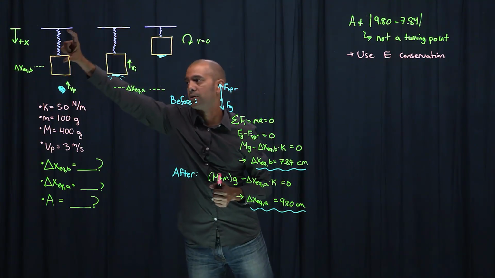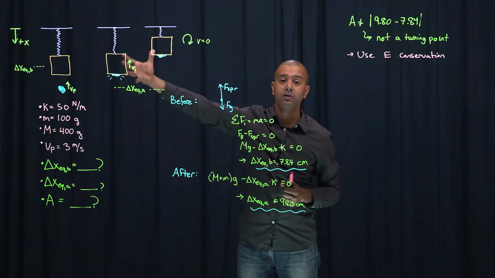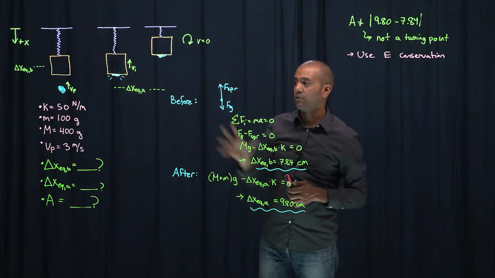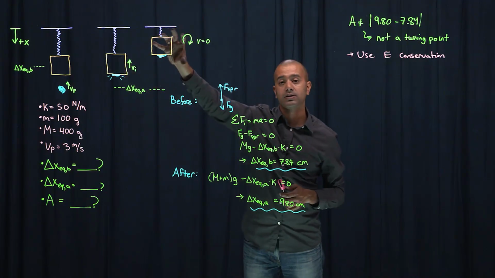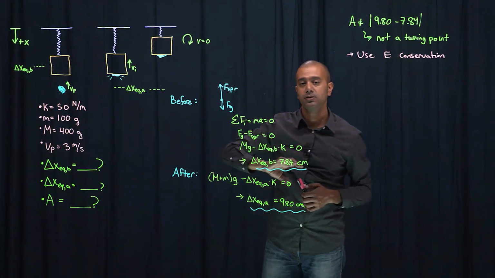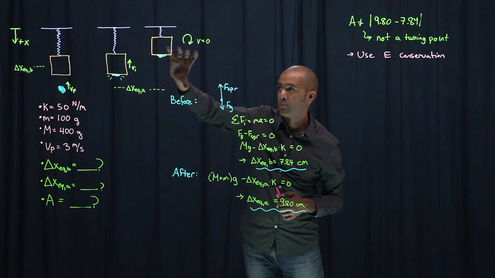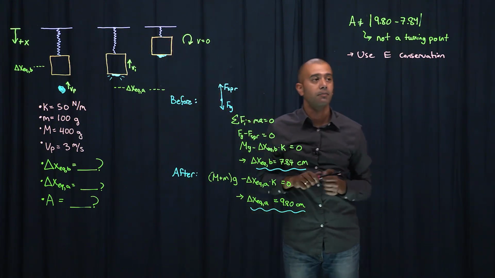It started out at that much, so that's how much it's extended at that time. And we also know the gravitational potential energy because we know where the block is. So we can find the full energy at this time, and the total energy at another time will be the exact same, but divided differently between its kinetic and potential components. If we set those equal, hopefully we can solve for the amplitude, because at this moment it's at its amplitude, so A will enter the equation.